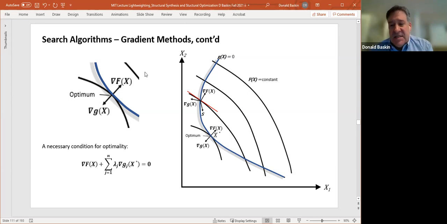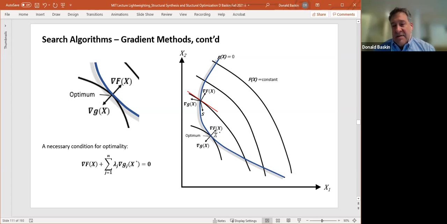And physically, what this is saying is that you will hit an optimum when the gradient of the objective function and the gradient of the constraint are parallel to each other. Like down here, you see it's the same thing as this graph over here. Because these two gradients are parallel, you know you've hit an optimum.